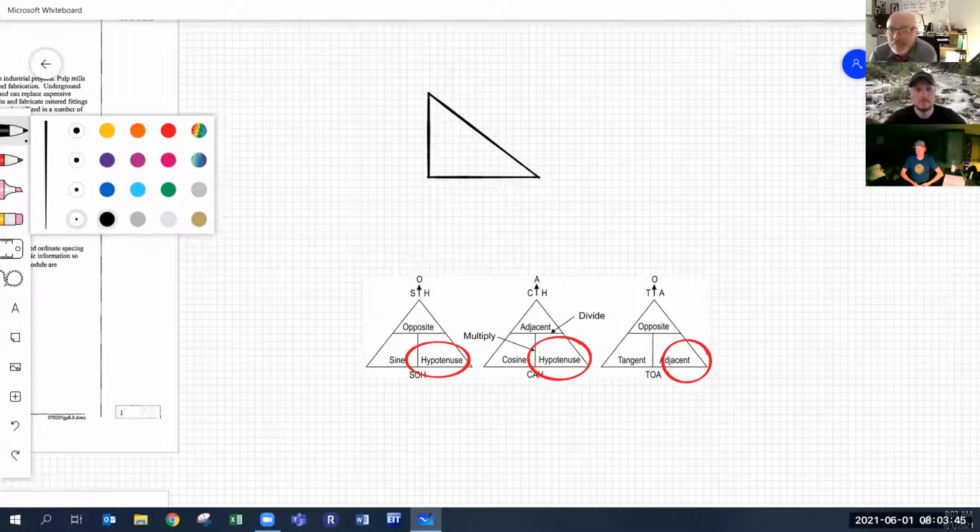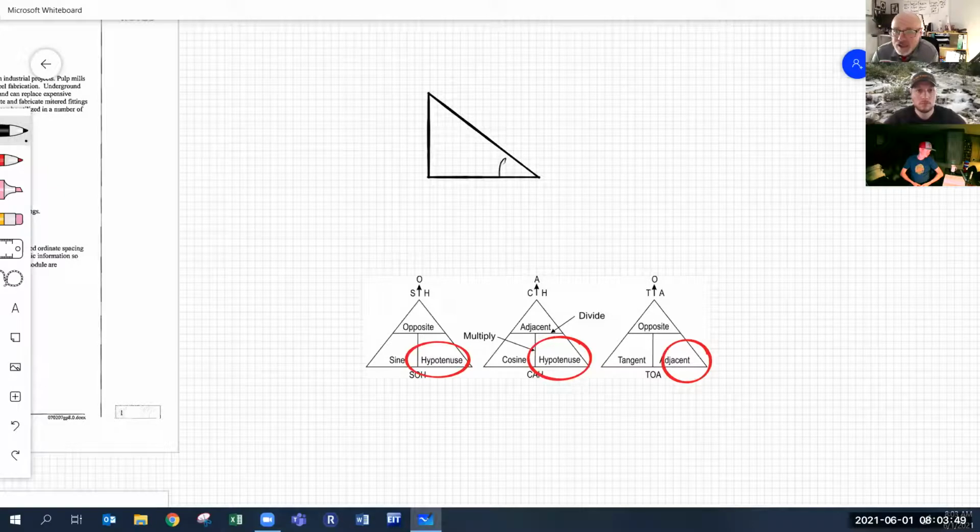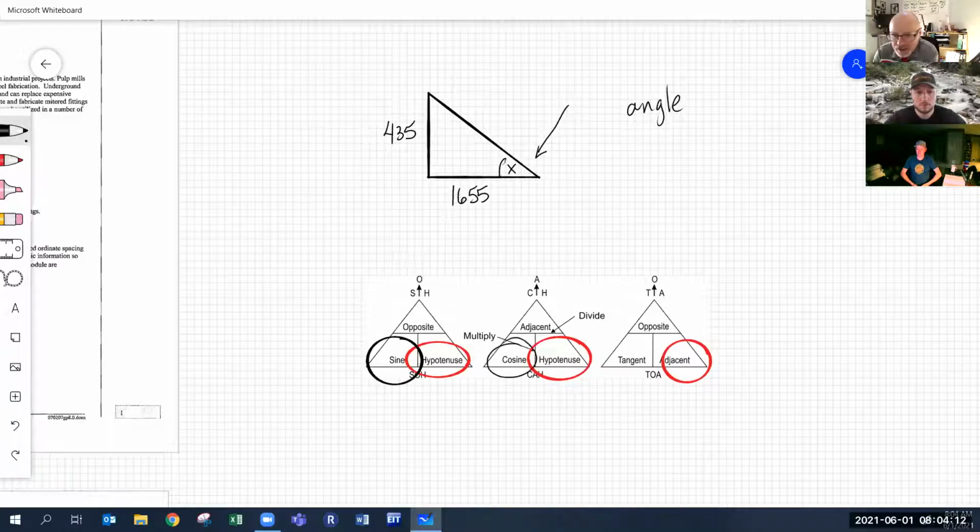For example, if I'm talking about this angle right here, and I had a number of 1655 for that number and 435 for that number, and I want to find the angle. So the angle is always about the sine, the cosine, and the tangent.